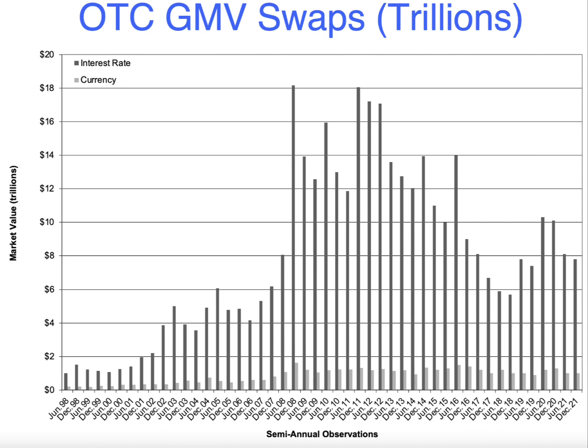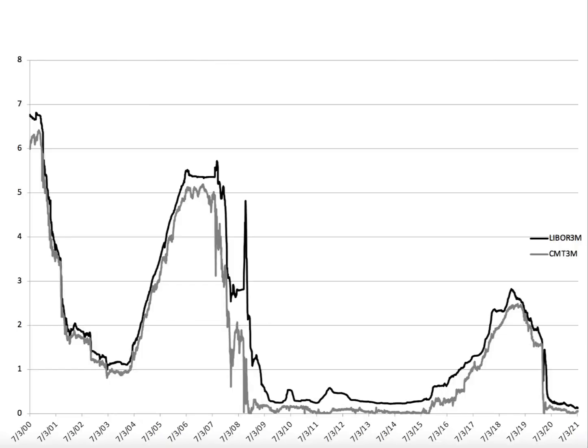In other words, the aggregate value of receive fixed pay floating or receive floating pay fixed in absolute terms. And so this is the gross market value from one side's perspective.